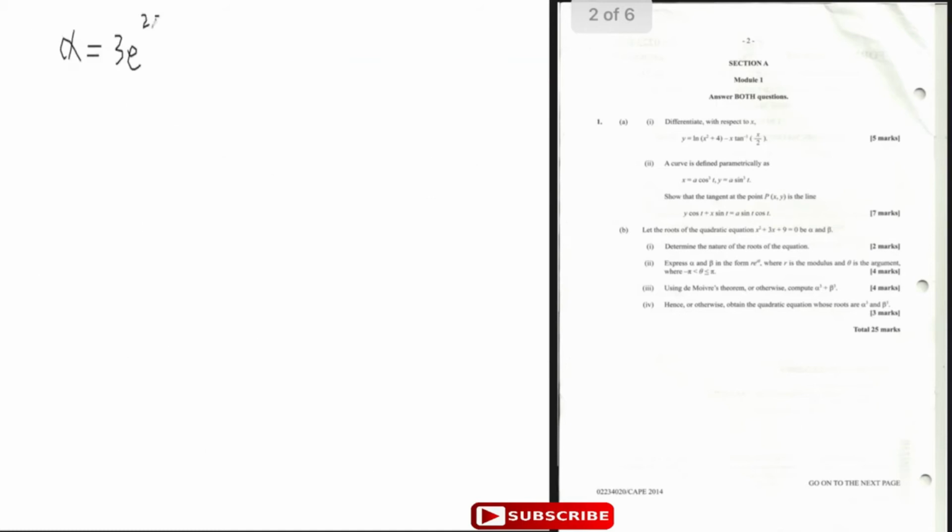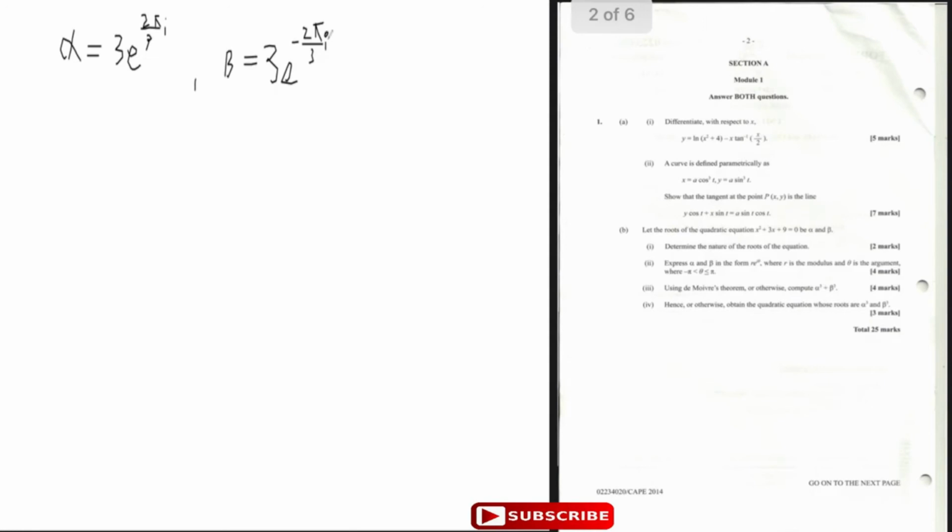That's alpha. And then I can tell them that beta is equal to 3 e to the minus 2 pi by 3 i. That's beta. Nice and easy.